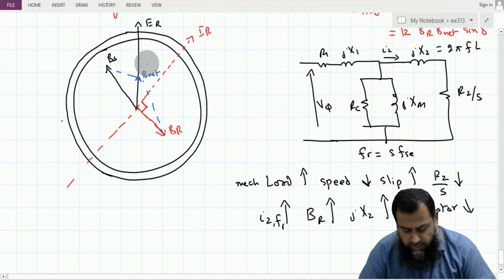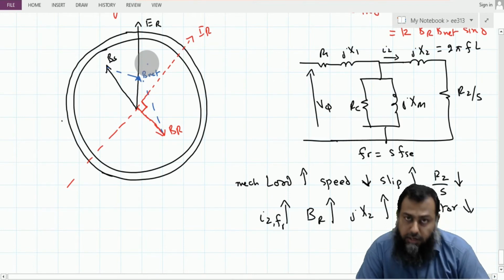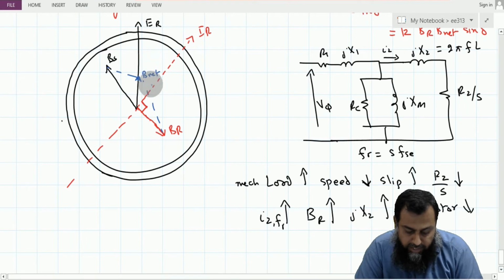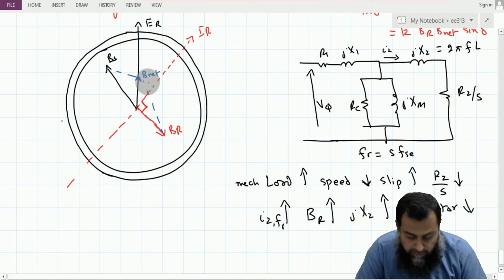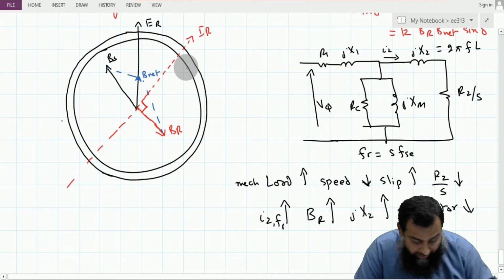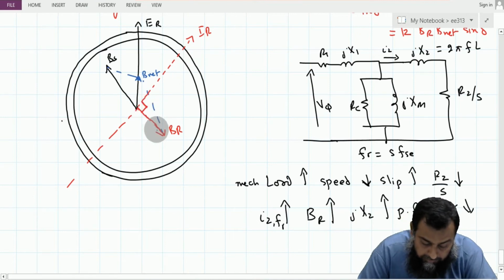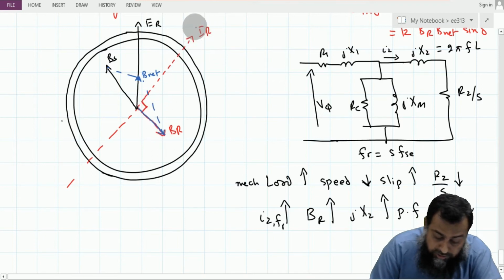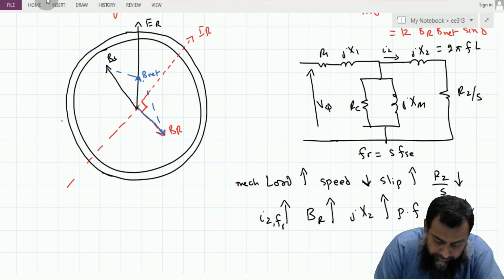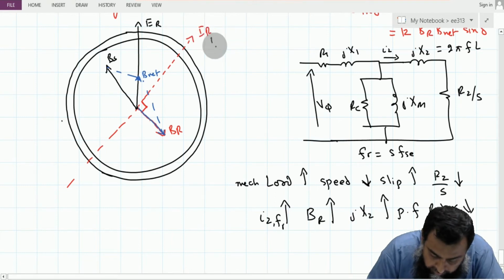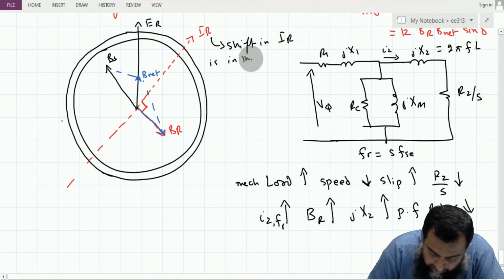So pardon me for a little bit of inaccuracy in this, but the concept is exactly the same: we have this B net which is dependent on this ER, and this IR and this BR. This BR has actually increased, and because of that we have the shift in IR in the amplitude, right?